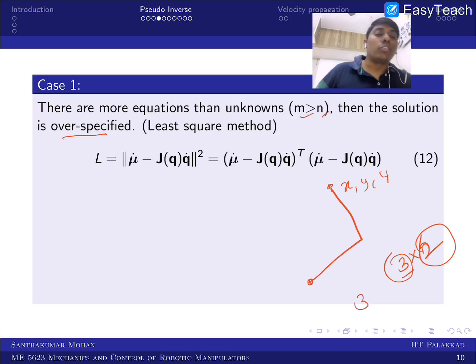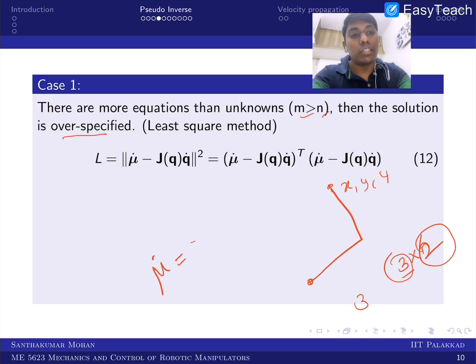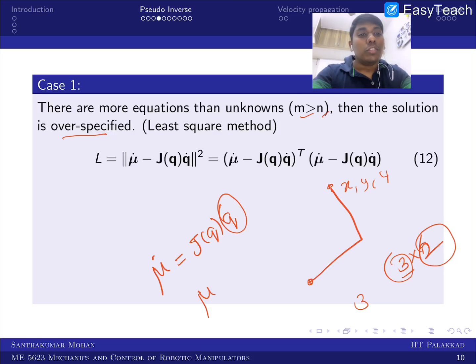But since it is a robotic manipulator, we can look for the solution which gives the least norm. We have the equation mu dot is J of Q into Q dot. We are interested in finding Q dot. So mu dot minus J of Q into Q dot, this I call a vector, and its length is the second norm.